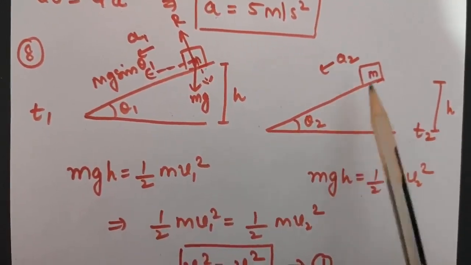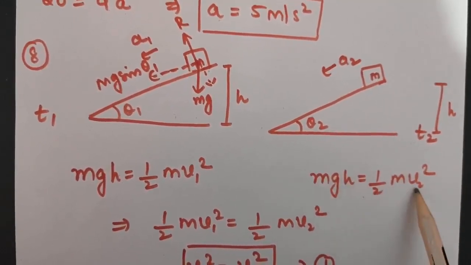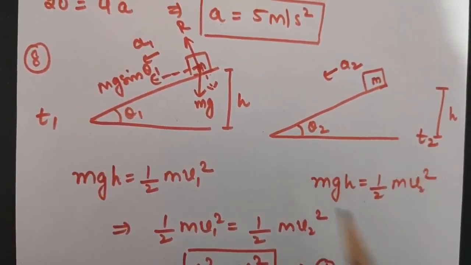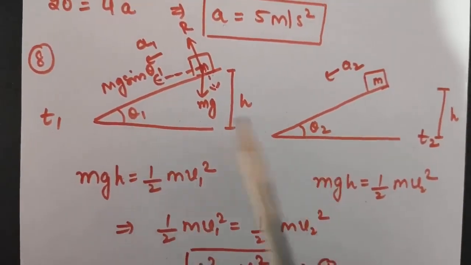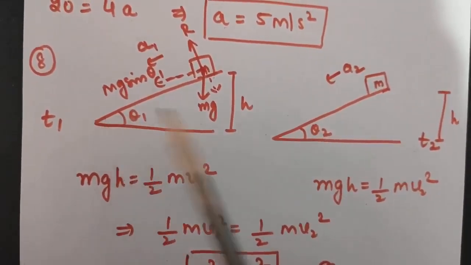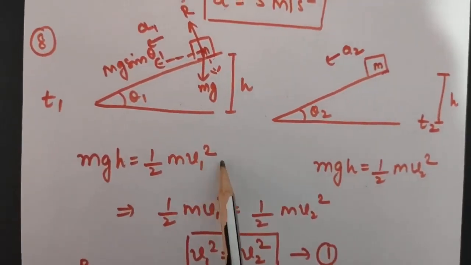For this case, again, because height is the same, mgh will be equal to half mv2 square. Because theta 1 and theta 2, these inclinations, are different, the speeds when they come downward might also be different, so I am taking them to be v1 and v2.